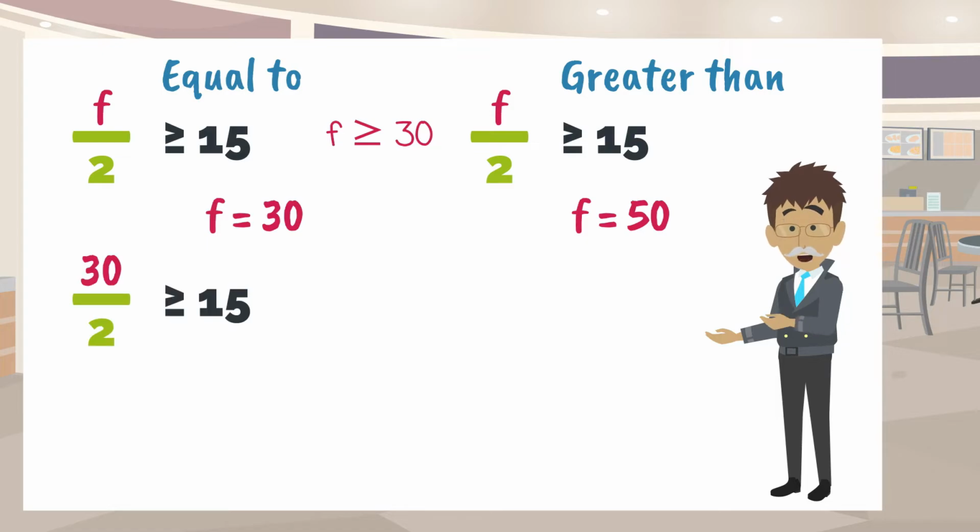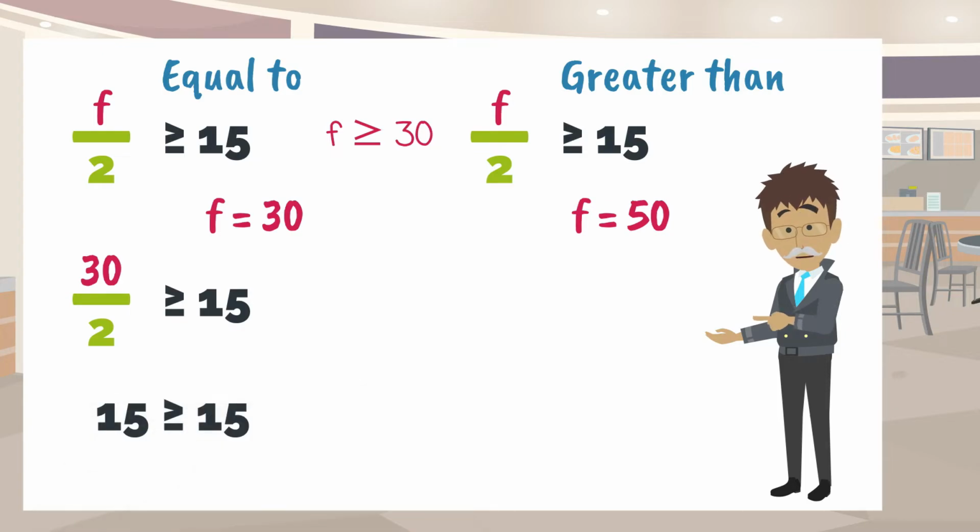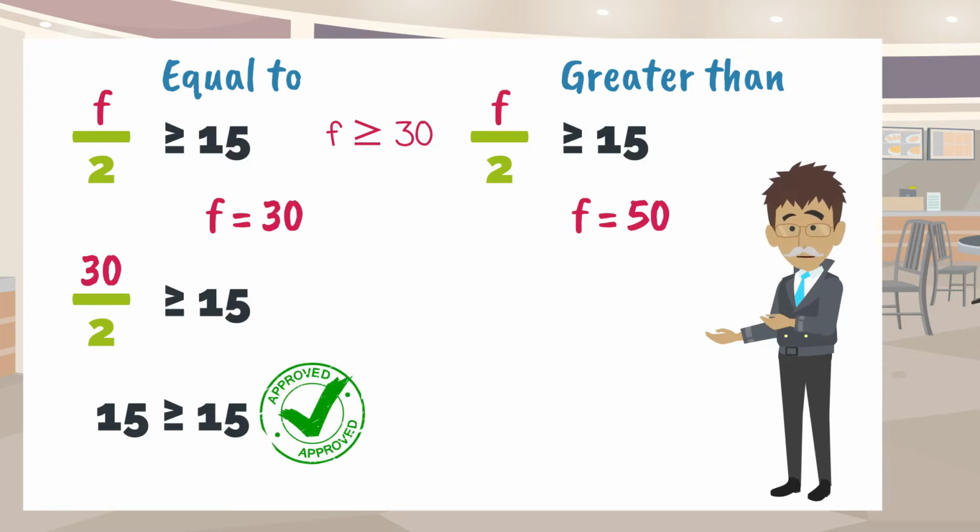Since the left side of the equation of 30 divided by 2 simplifies to 15, the simplified equation for our first check step is 15 is greater than or equal to 15. This is a true statement, so the solution of f equals 30 works, and the equal part is correct.